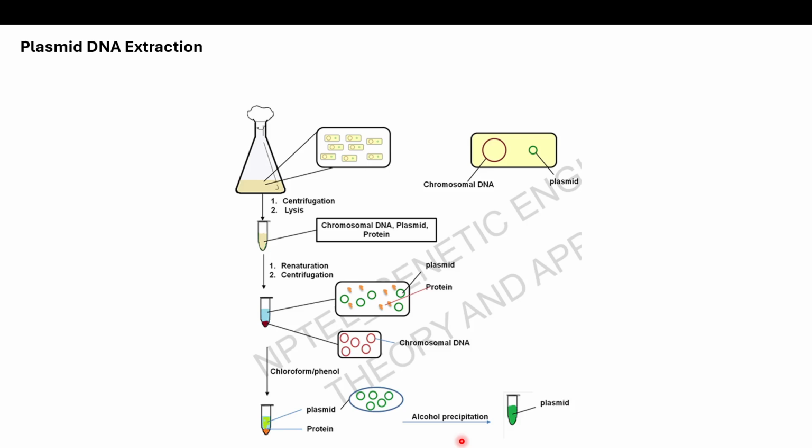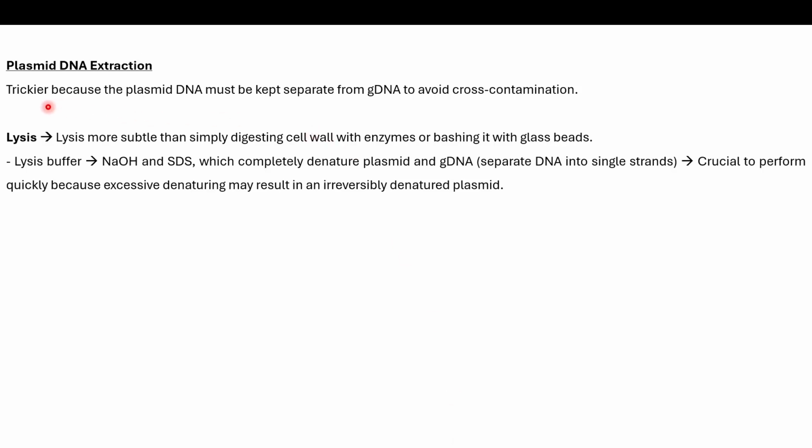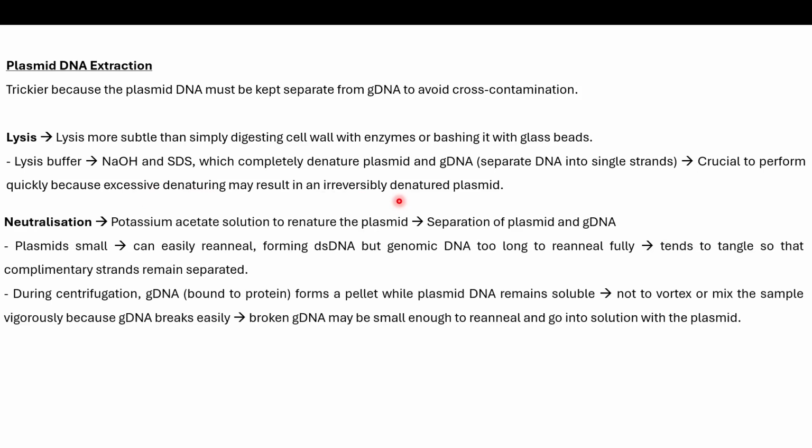All right. So just quickly we will look at it, because this is the same slide from the previous tutorial also. Plasmid DNA extraction is trickier because the plasmid DNA must be kept separate from genomic DNA to avoid cross contamination. So lysis is usually done with sodium hydroxide and the detergent SDS, which completely denature your plasmid and genomic DNA, separating DNA into single strands. This is crucial because excessive denaturing can result in an irreversibly denatured plasmid.